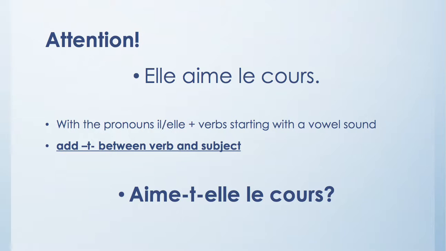Elle aime le cours. She likes the course, the class. Elle, subject, aime, verb. Now you see, aime ends with a vowel sound, and so does elle. So I write aime-t-elle le cours? Aime-t-elle le cours? The t has to be hyphenated on both sides.